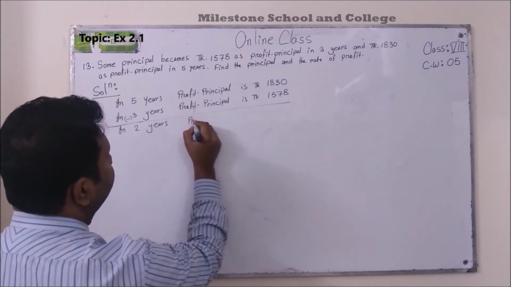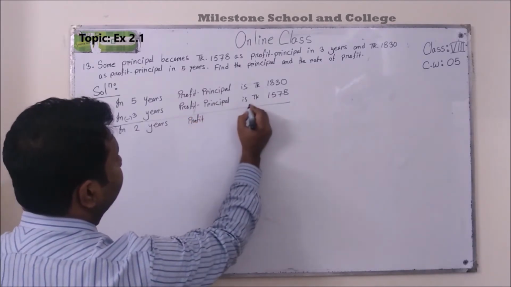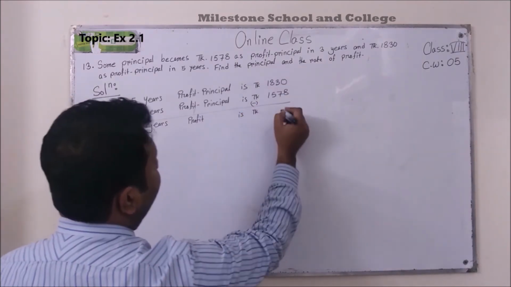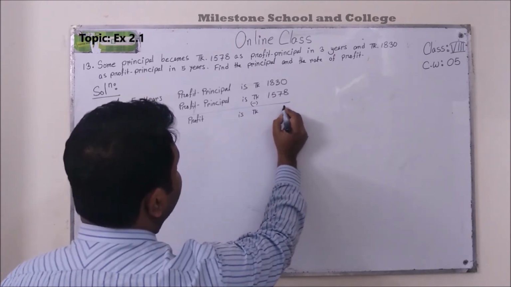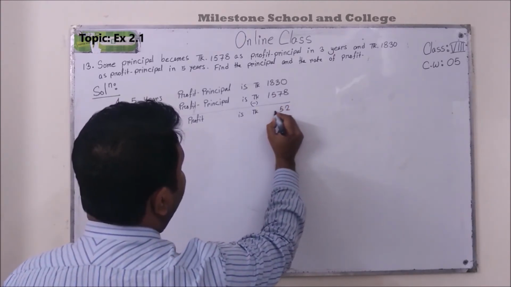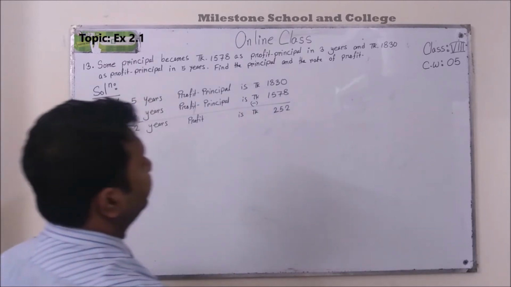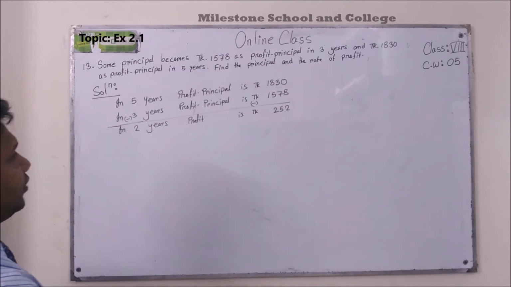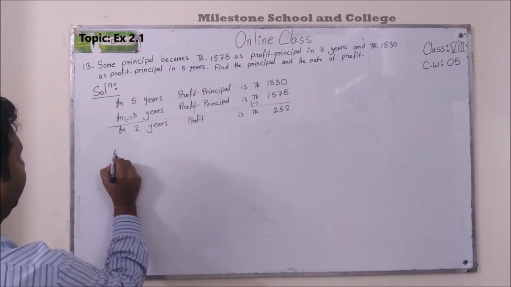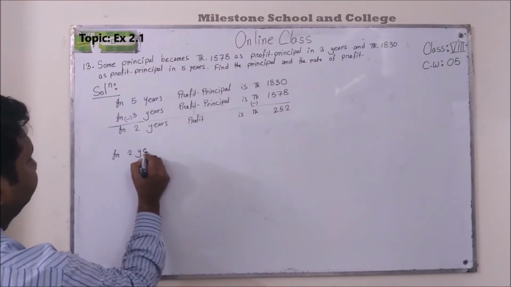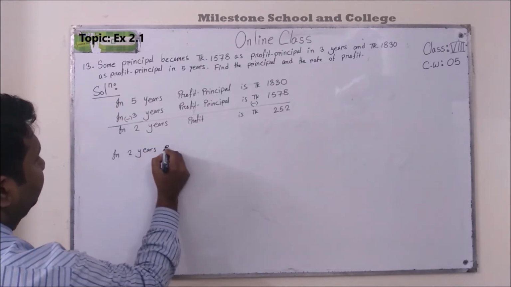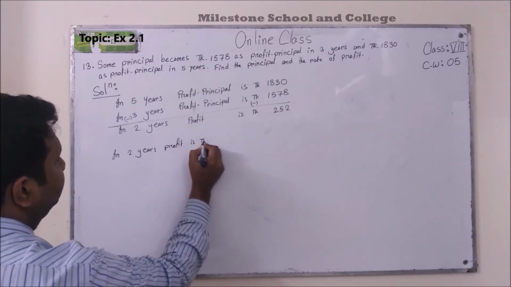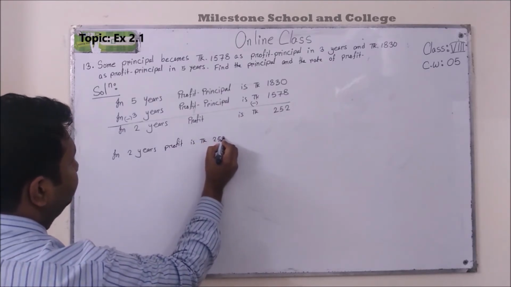The profit is, if you subtract, you will get 252 taka. So from that, in 2 years, profit is taka 252.